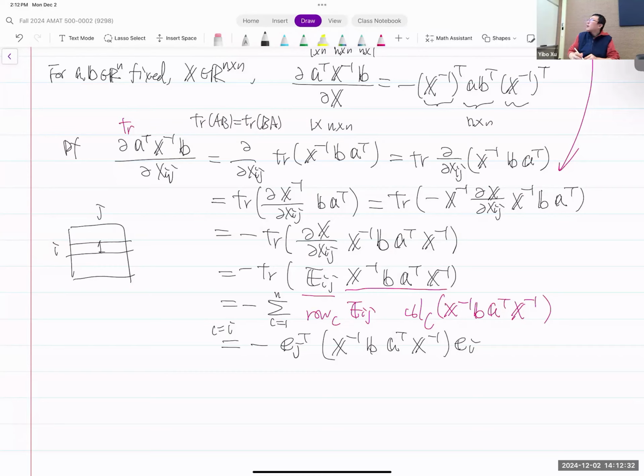So this part is picking up the ith column, and this is picking up the jth row. That's actually the element at the jth row ith column. So this is negative X inverse B A transpose X inverse, jth row ith column.